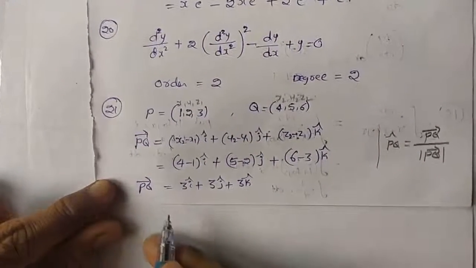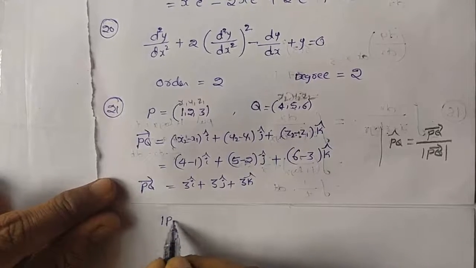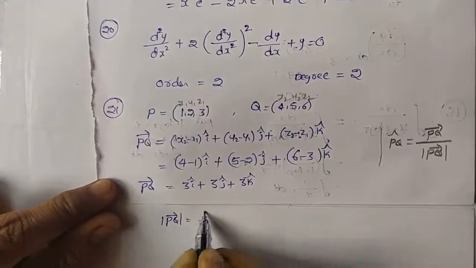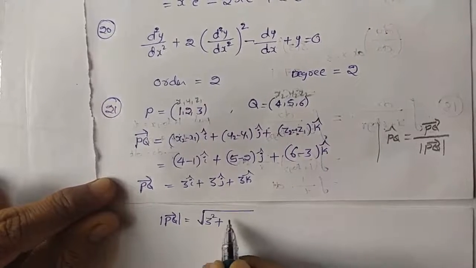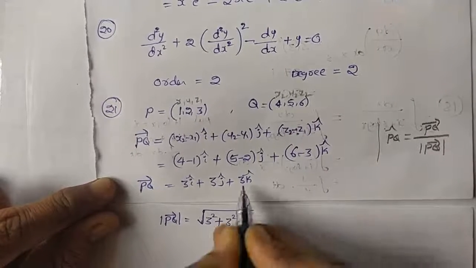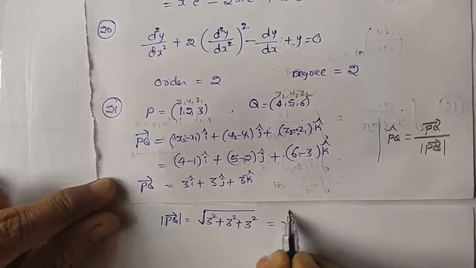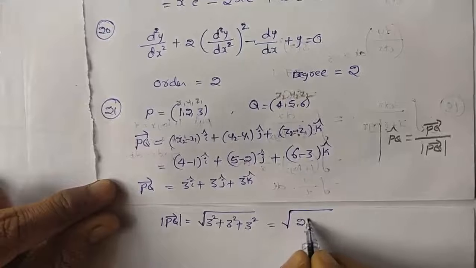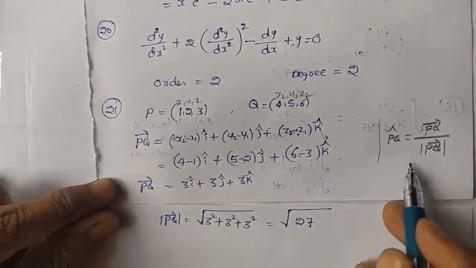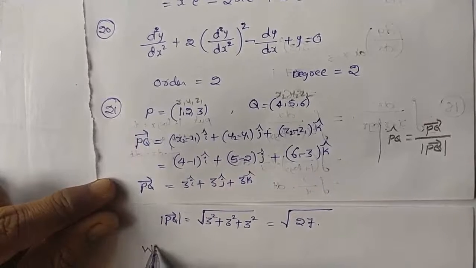Magnitude of PQ equals square root of 3 square, i component squared, plus j component 3 square, k component also 3 square, that is 9 plus 9 plus 9, how much? 27, root 27. Now apply the formula.